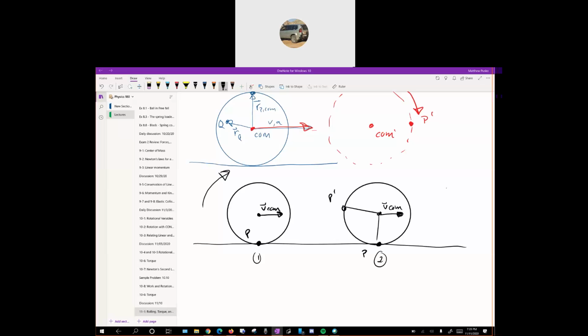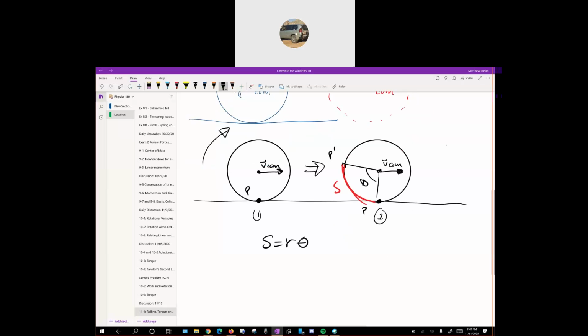There's some theta here. To rotate and roll into position 2, it had to go through some angular displacement. And we'll call this arc length S, and we can describe that using the angular displacement. S is equal to the radius times theta. So that's one relationship we'll need.